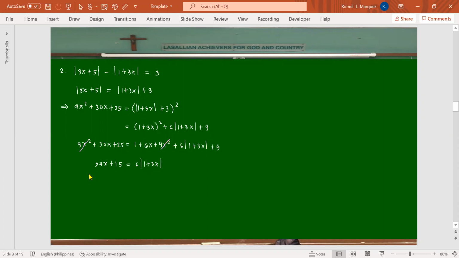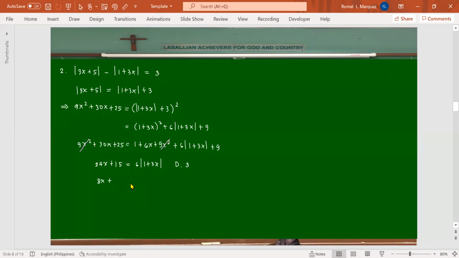Is there any common factor so that the numbers will be smaller, especially the coefficients? Divide by 3. You try to make every coefficient as small as possible. 3 is common to every coefficient. 24 divided by 3 is 8, so 8x.